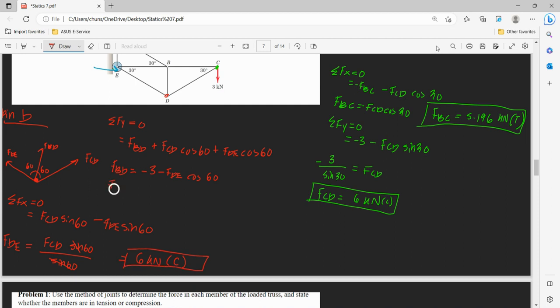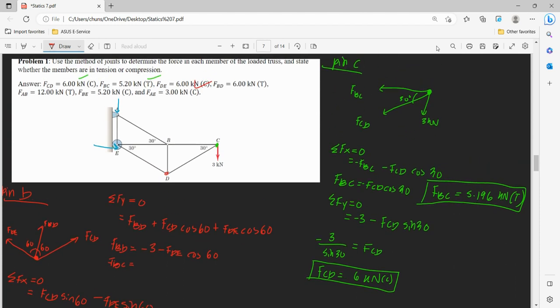And plugging this back into our BD, we have negative 3, and then that's plus 6 cos 60. And this will also be 6 kilonewtons. So BD is 6 kilonewtons, and this one is under tension.